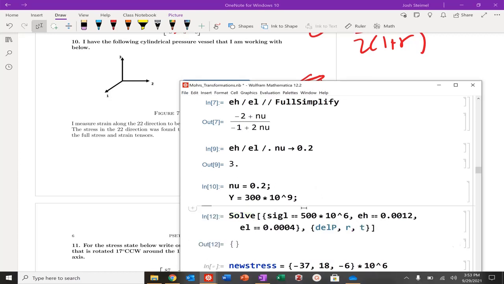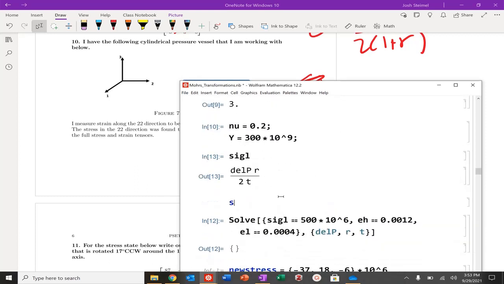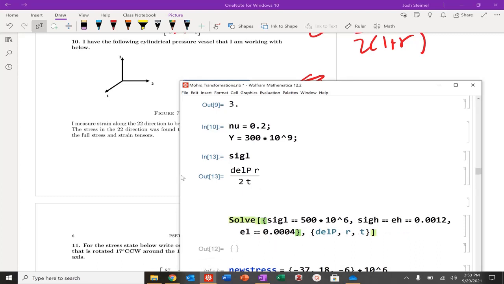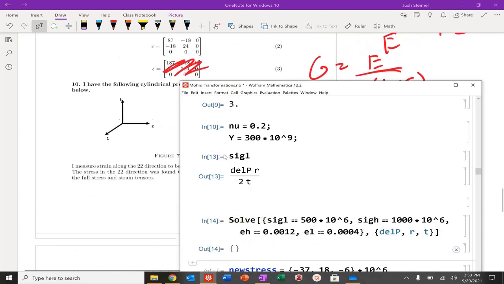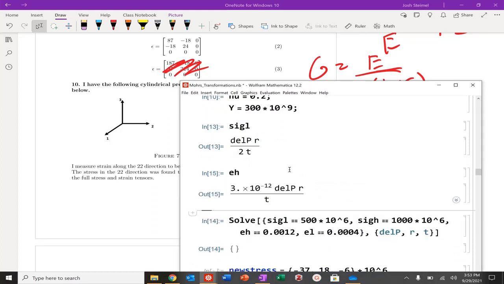Let's look at sig L. So I've got this, I've got sig H, and let's say also that sig H equals sig L divided by 2 equals 250 times, actually, my sig L is that, my sig H is twice that, so it's 1000 times 10 to the 6. EH is this. Let's see what we've got here. So EH is as follows.